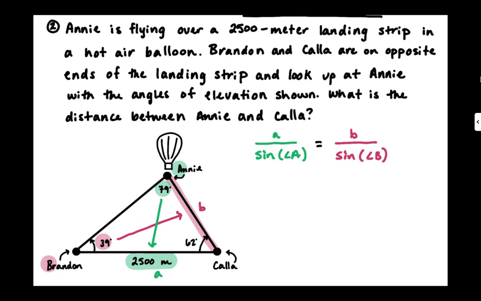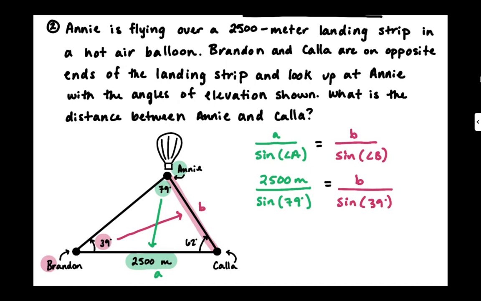We're going to plug in the numbers that we know and then solve for little b. I know little a is 2,500 meters. I know angle Annie is 79, equals little b, which we don't know, so we leave it as little b, divided by sine of angle Brandon, which is 39 degrees. Now we're going to solve this for little b.